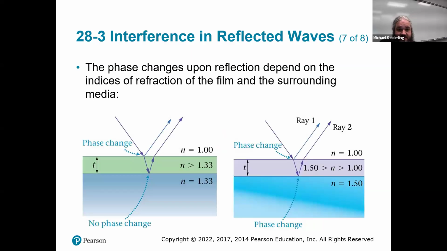It also depends on the index of refraction of the film and the surrounding media. If you have oil on water, oil has a higher index of refraction than water. There's a phase change at the surface and no phase change on the bottom. And then there's an effect from the distance traveled inside. It has to do with the angle.